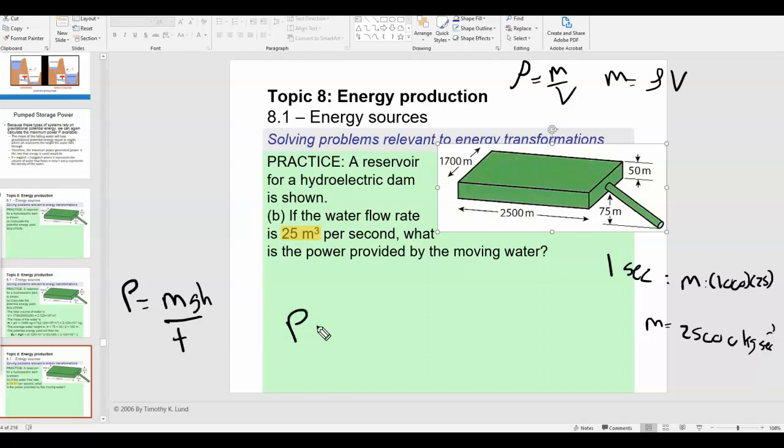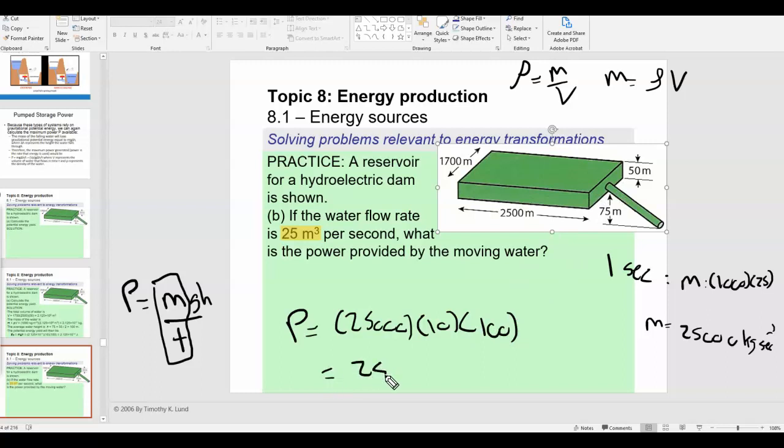Knowing that, I can answer the question, what is the power provided by the moving water? Because I now know m over t is 25,000. And so that would just be 25,000 times 10 times the height. And remember, the height I'm using here is 100.